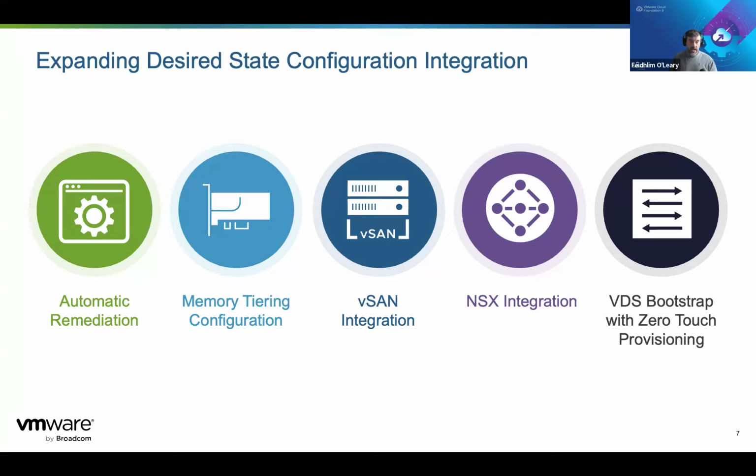Zero-touch provisioning is essentially our next iteration of what you would be familiar with as auto-deploy. So network boot installation of ESX using vSphere configuration profiles to do the full end-to-end configuration so that the host joins vCenter, joins the cluster, and is fully configured. So from boot up process to fully production ready.